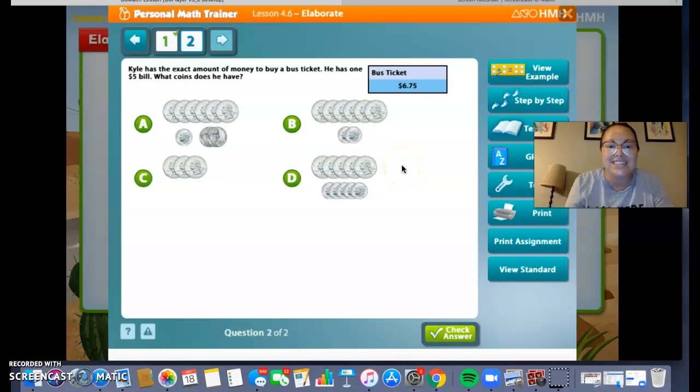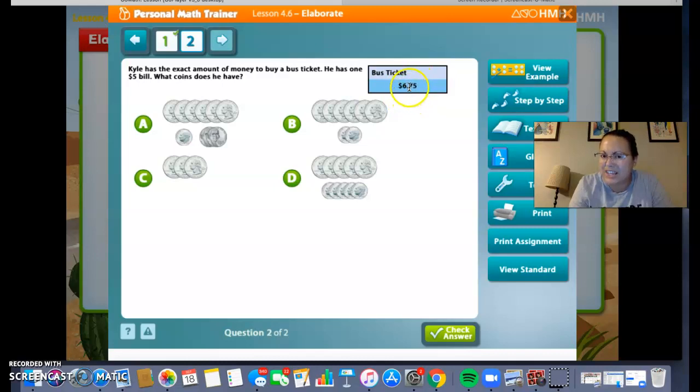Okay, Kyle has the exact amount of money to buy a bus ticket, and he has one $5 bill. Which coins does he have? So the bus ticket is $6.75, and they've told us that we have exactly that right amount, and he has a 5. Okay, so first of all, we might want to figure out what's left. So if he needs $6.75 and he already has 5 of those, what's left?